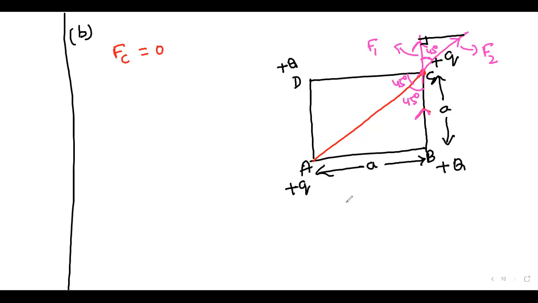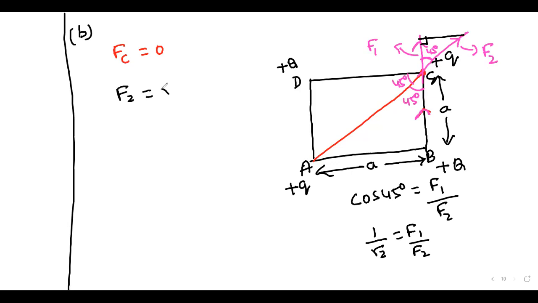So cos 45 equal to adjacent side F1 by hypotenuse F2, that is nothing but 1 by root 2 equal to F1 by F2. So we can write F2 equal to root 2 times F1.